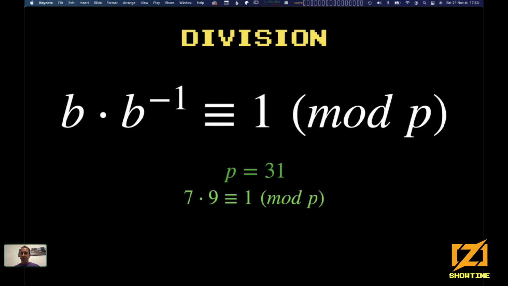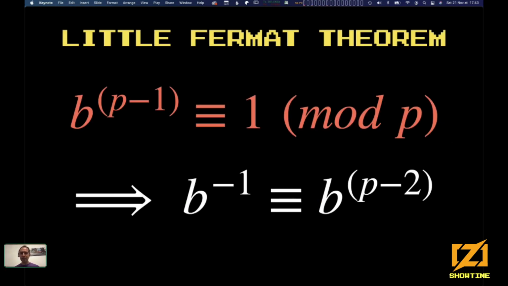We have 7 times 9 mod 31 equals 1. So 9 is the inverse of 7. So we can divide even with just integers because we are in a finite field, because we can wrap around. So great, we can divide, but how do we compute an inverse?